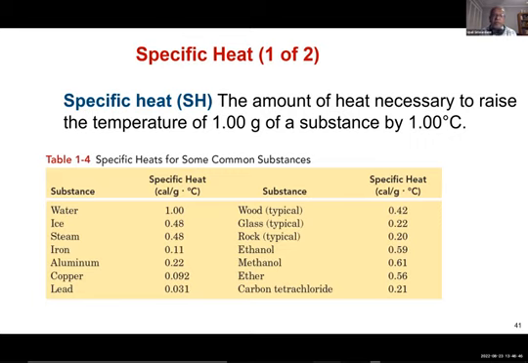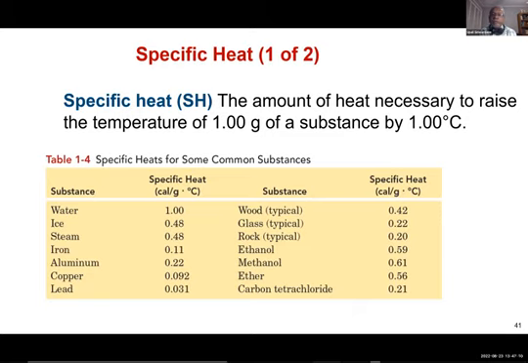Units of specific heat is calories per gram per degree Celsius. So that means heat required by 1 gram of material to increase the temperature by 1 degree Celsius.